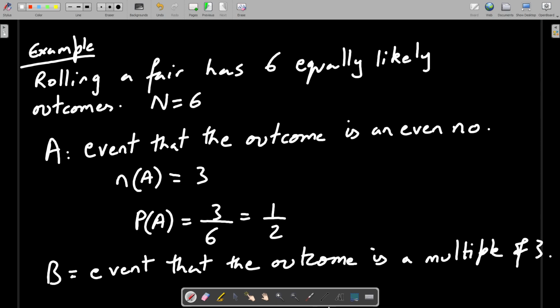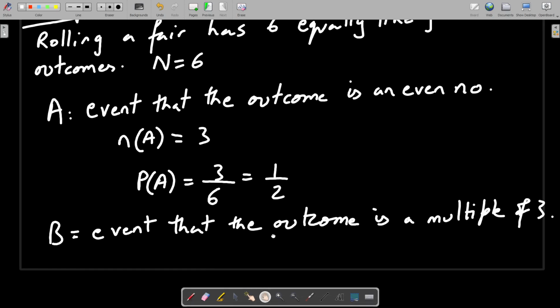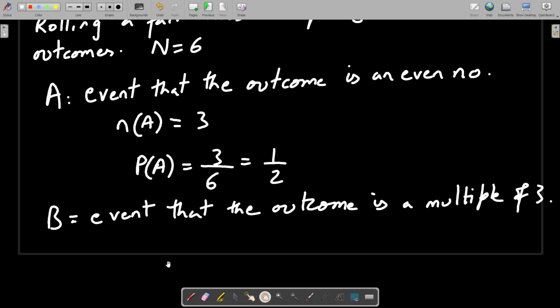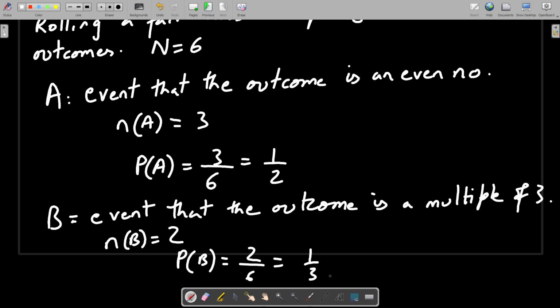So the probability of B will be 2 by 6, that is equal to 1 by 3. Clear?